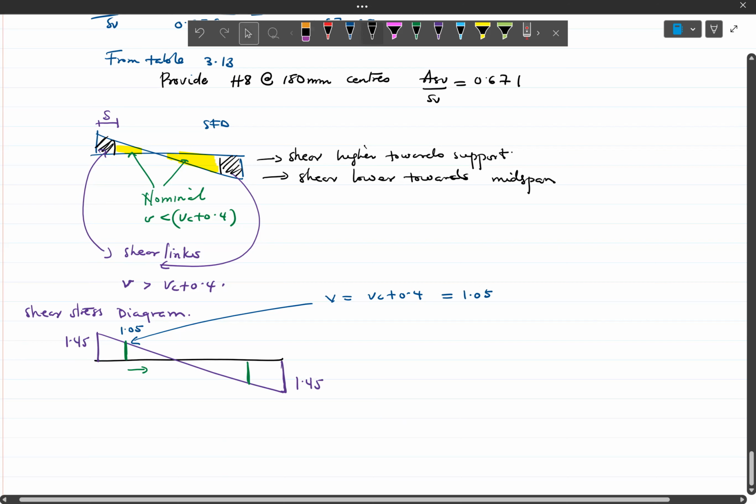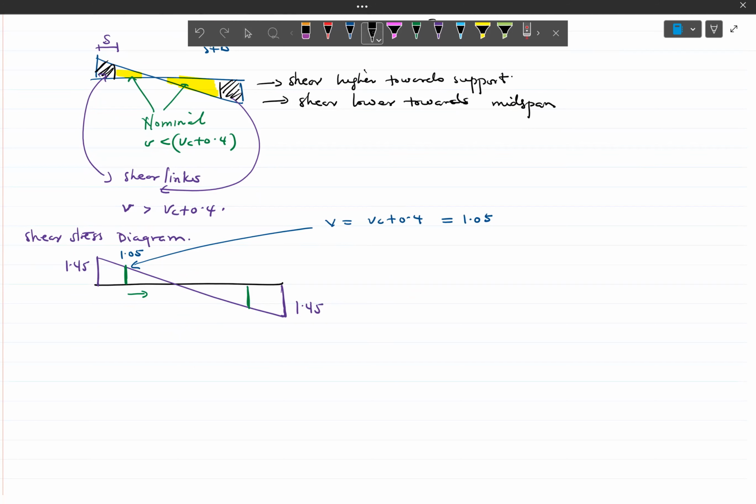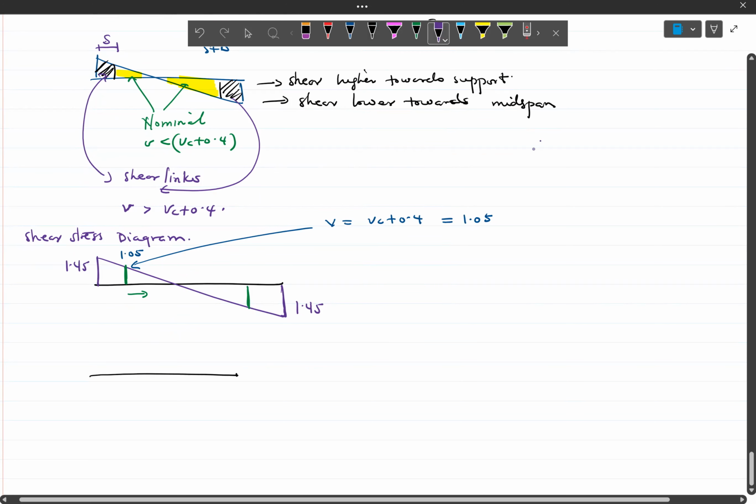Now let me redraw. Let this point be my center for now, just to exaggerate things. This is the center.